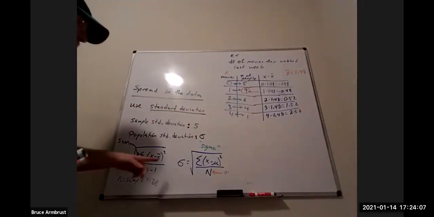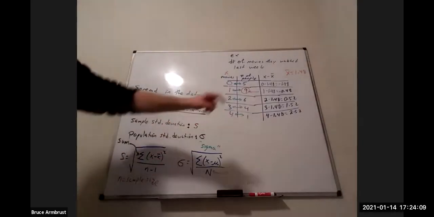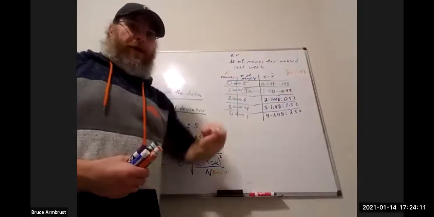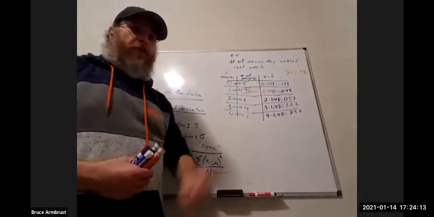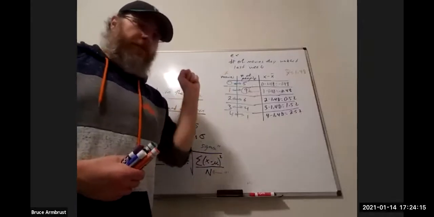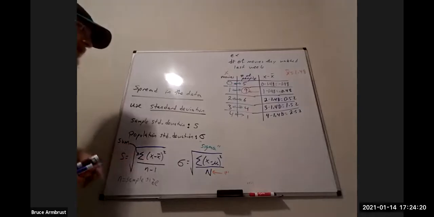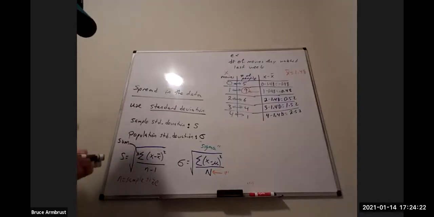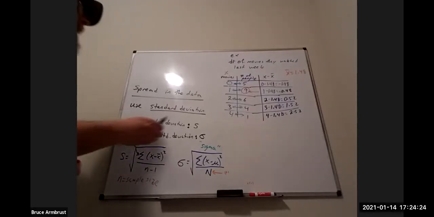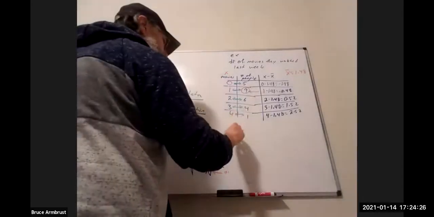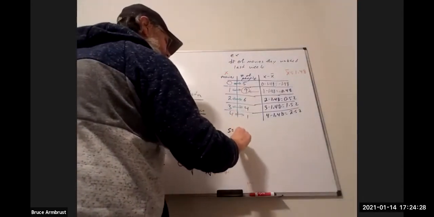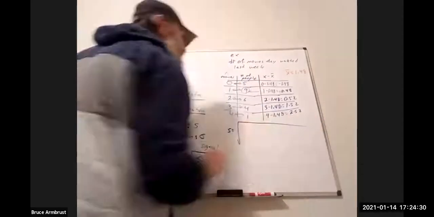Now, what I'm going to need to do is square them. So I'm going to take negative 1.48 and square it. I'm going to take negative 0.48, square it. Positive 0.52, square it, so on. And then I need to add them all up. All right, well, we're going to add them up in a fast way again. But this is what that standard deviation is going to look like.